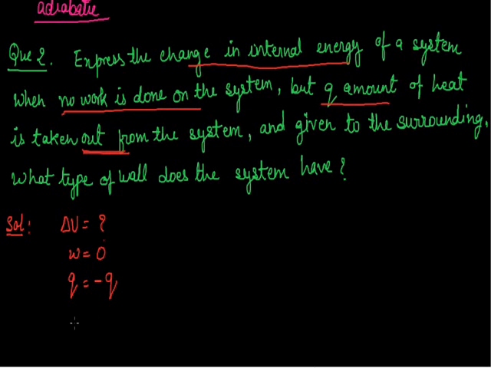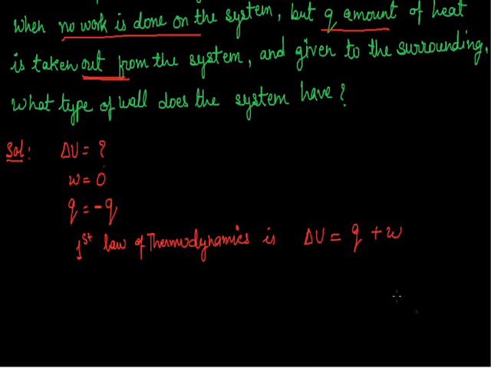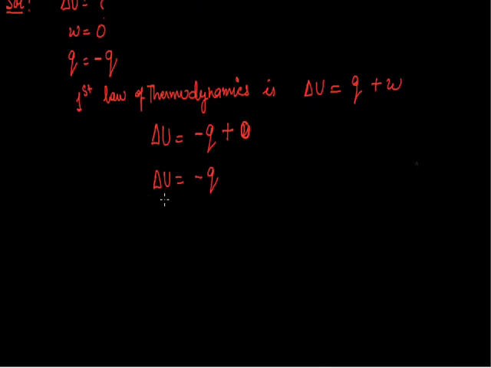Now, from the first law of thermodynamics, delta U is equal to Q plus W. Put the value of Q and W in the equation. Delta U is equal to, the value of Q is minus Q and work is 0. So the value of change in internal energy is minus Q, as the heat is taken out.